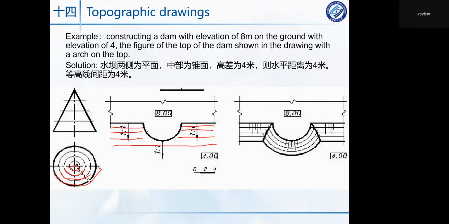So now, at first we get the center of the circle, and then draw the contour lines with the same elevation.